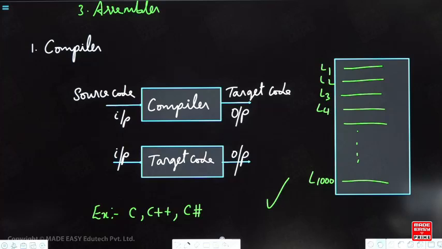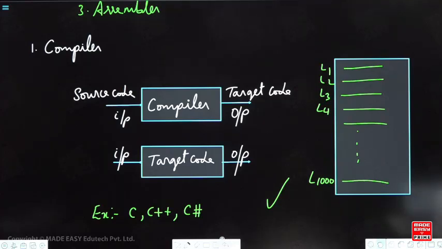Compiler takes more memory, as the object code also has to be stored in the main memory.